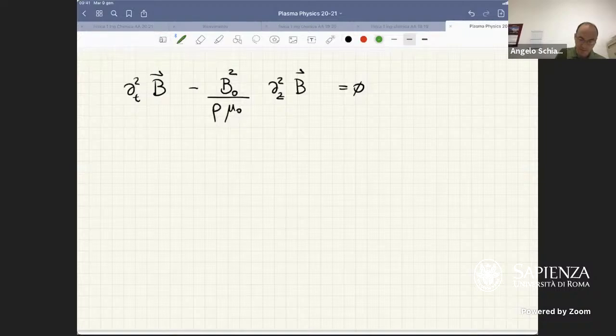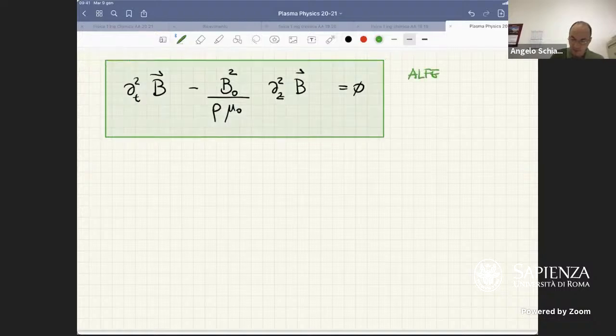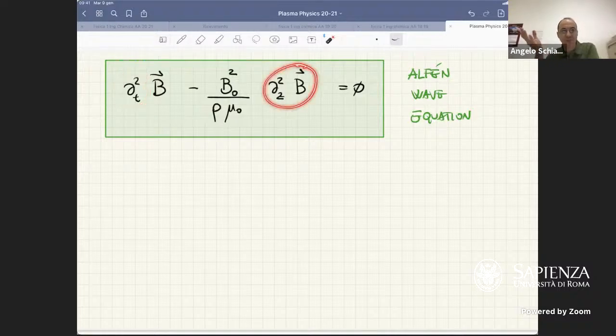So this is the Alfvén wave equation. What does this remind you of? We have the second time derivative, the second space derivative, and what goes in front of the second space derivative is actually the speed of the wave.